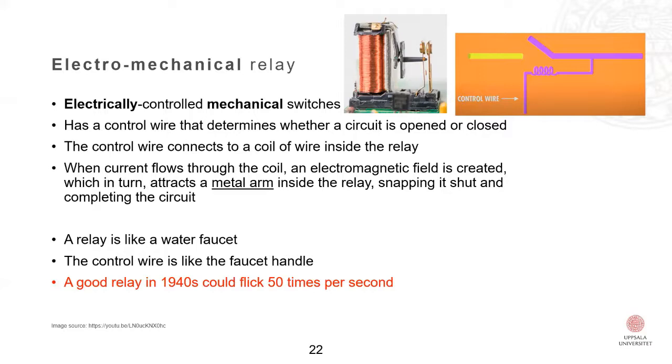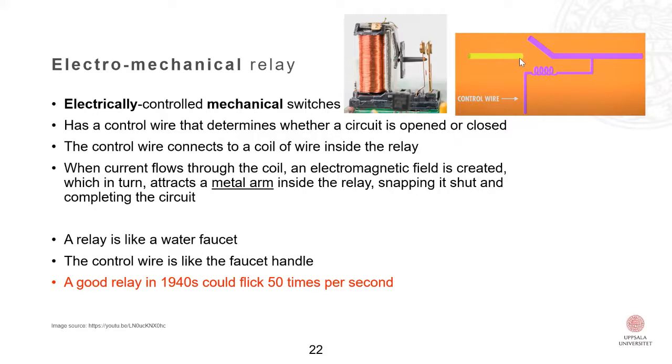So all these are connected. So the relay is part of a large circuit. And from this end and this end, it is connected to other elements in the circuit. So when electric current flows through the coil, an electromagnetic field is created, which in turn attracts this metal arm inside the relay to shut and complete the circuit.